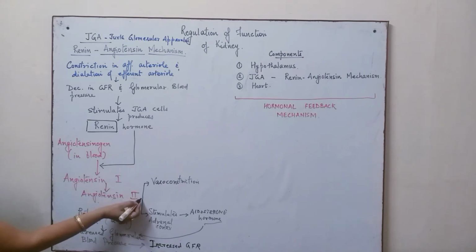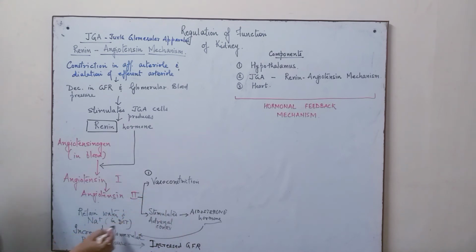This angiotensin 2 causes a two-way action. Firstly, it causes vasoconstriction, which results in increased glomerular blood pressure. Vasoconstriction means the constriction of the vessels. So as a result, the increased glomerular blood pressure will also help in increasing the GFR.